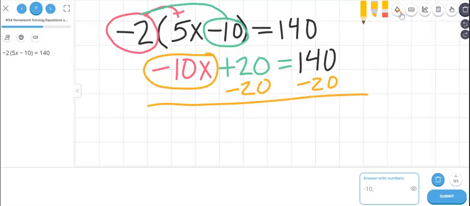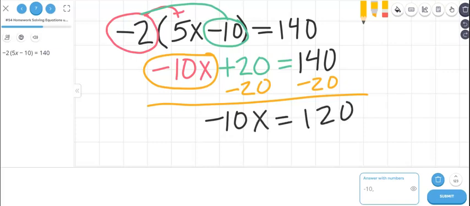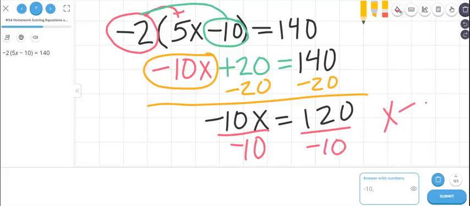It's going to give me negative 10x equals 120. Then I need to go ahead and divide by negative 10. Divide by negative 10. So that's going to be x is equal to a negative, and that would be 12. So negative 12.